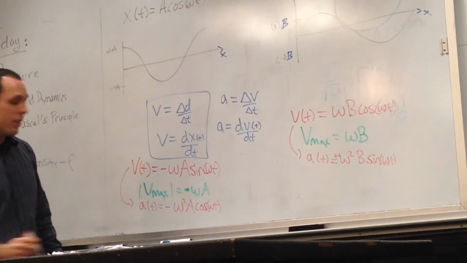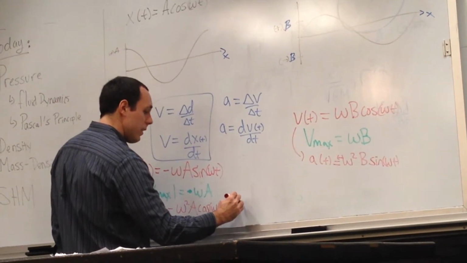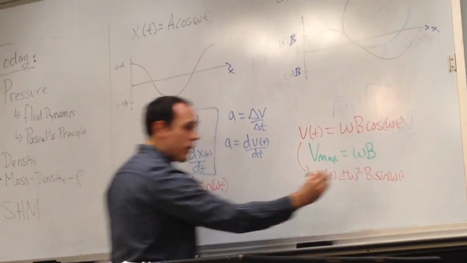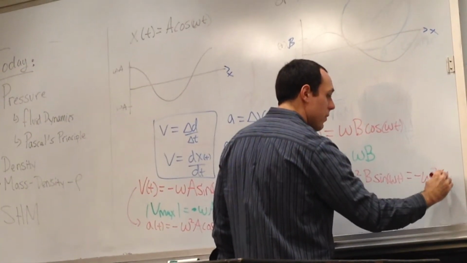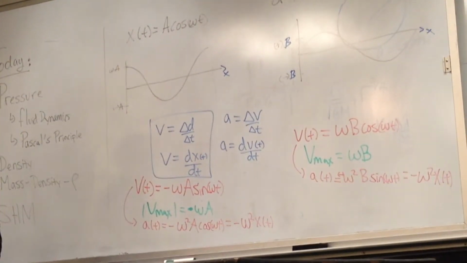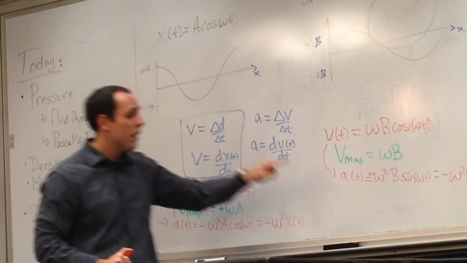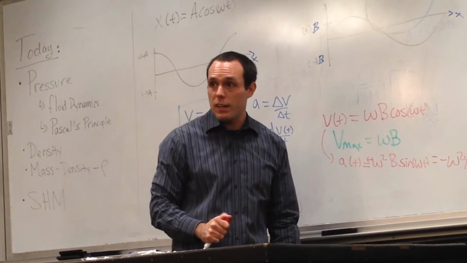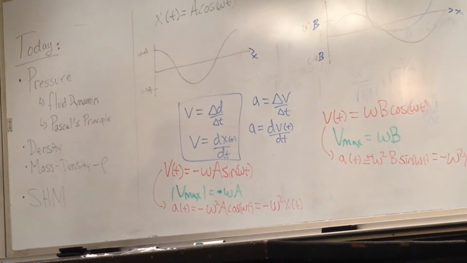Both of these are just saying it's equal to negative omega squared times the position. Notice it's negative omega squared multiplied by A cosine omega t, that's what we had here. Negative omega squared times B sine omega t, the same thing. And thus that's the values that we get.